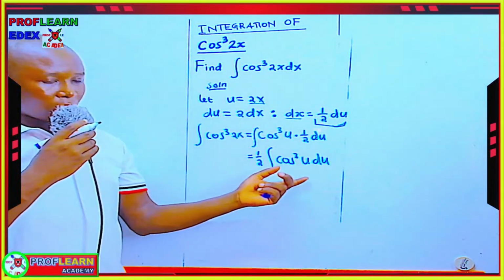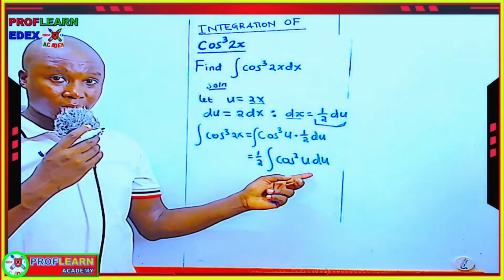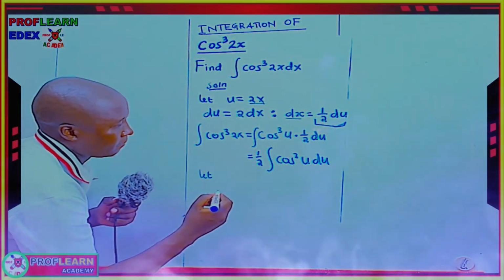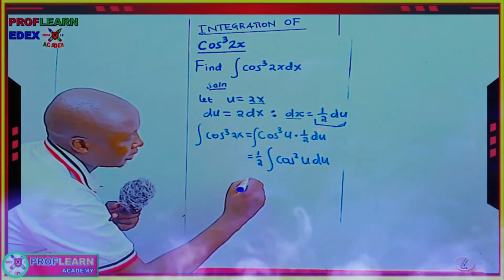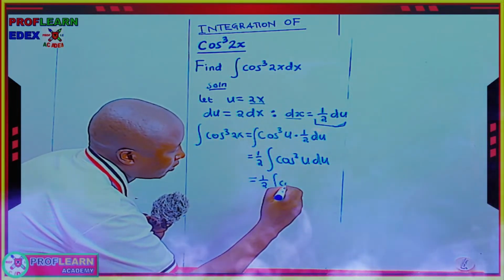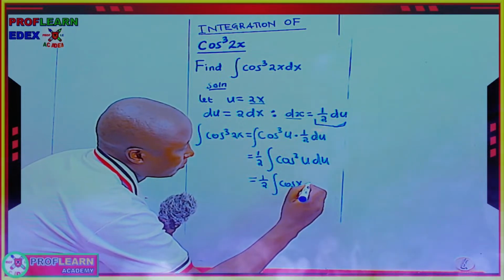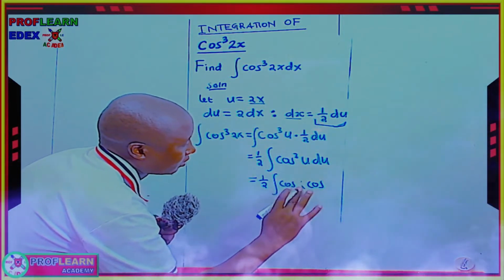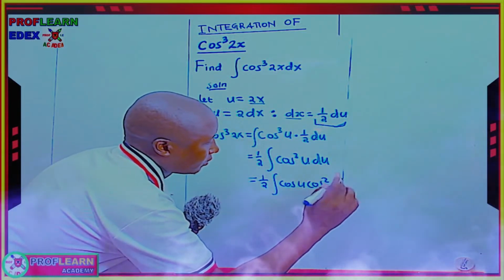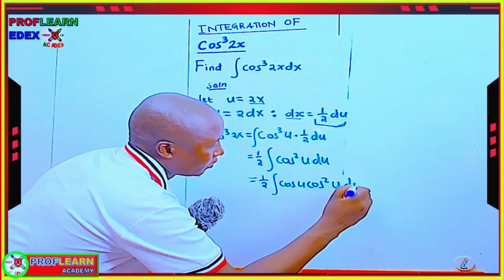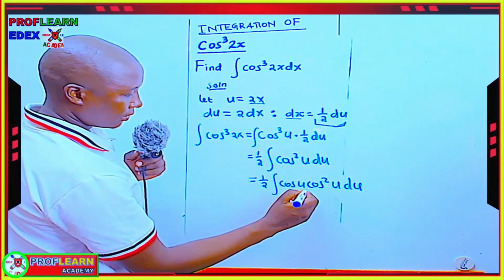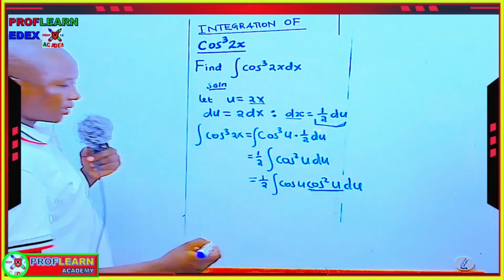Now, we cannot work with this the way it is. We need to write this expression as a half integral of cos u cos squared u du, so that we can replace cos squared u with something else.